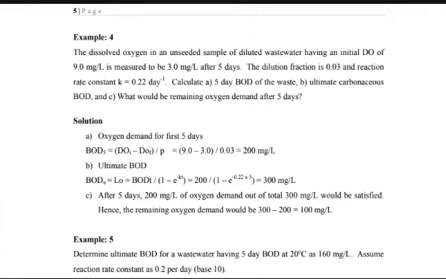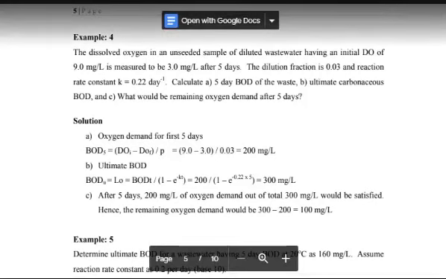So you write DO suffix I, the initial DO, is equal to 9 milligram per liter, and DO suffix F is equal to 3 milligram per liter. Dilution fraction P is 0.03.